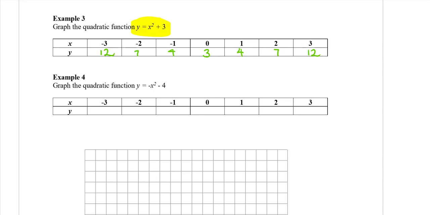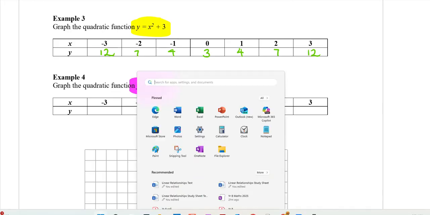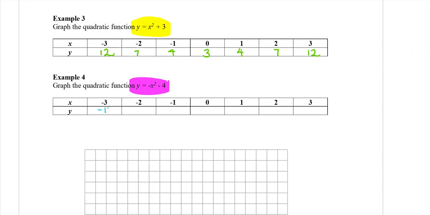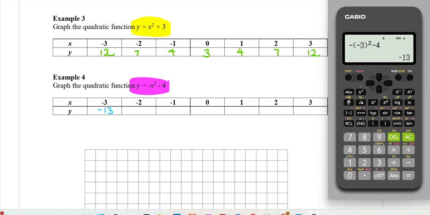So let's look at the next one, which is y equals minus x squared minus 4. To type this in, we have minus, and then x squared will be minus 3 squared in brackets, and then minus 4. So that's negative 13. Then let's change that to be a minus 2.